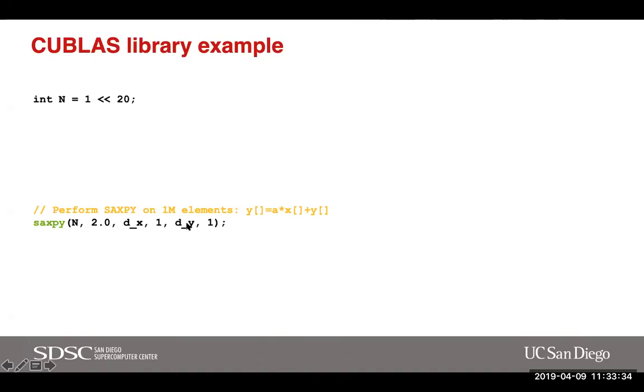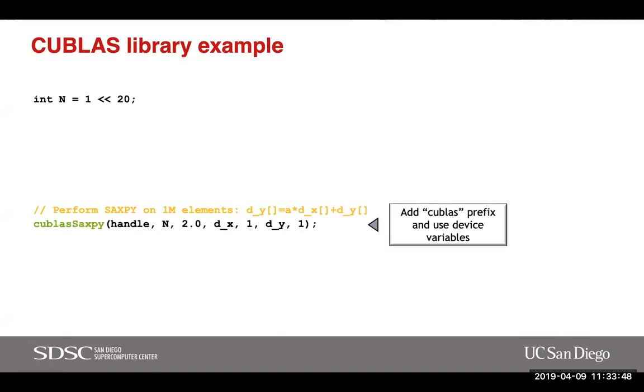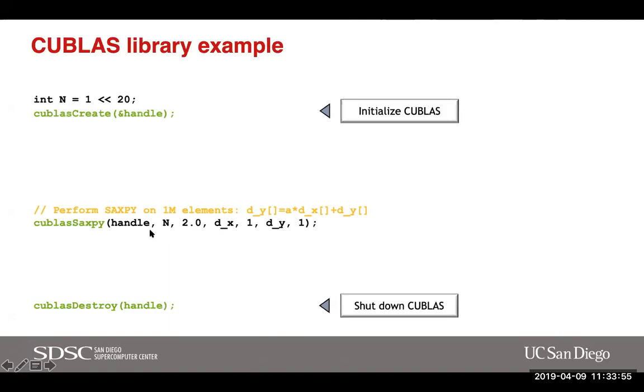That's typically how CUDA programmers distinguish variables that are allocated in memory on the CPU and on a GPU, and then D for device. So that would be data that is available on the GPU. So what I would do here is I call the cuBLAS saxpy function. I have to pass it a so-called handle that I create by initializing the library. That does some memory management for cuBLAS. And then I have to shut down cuBLAS at the end.